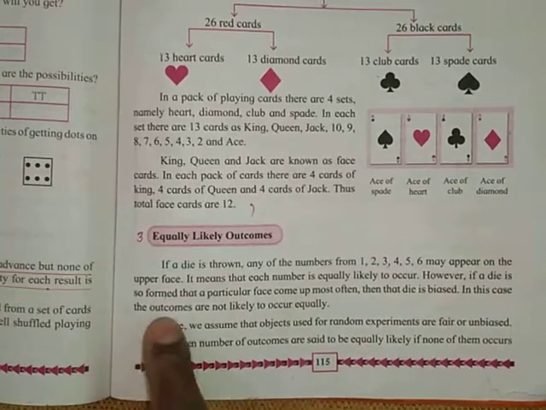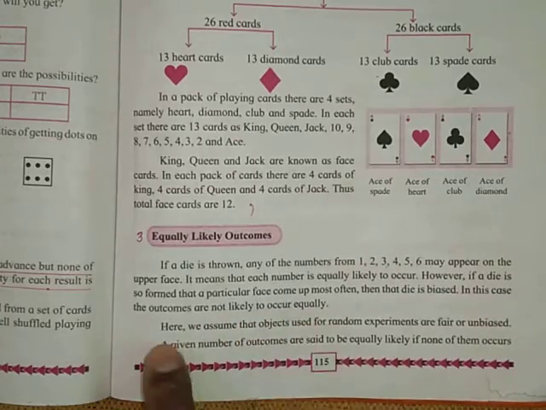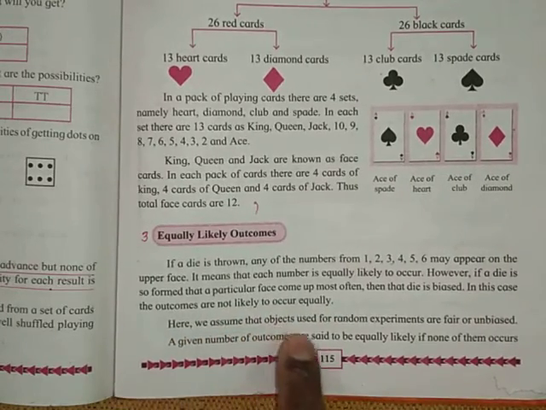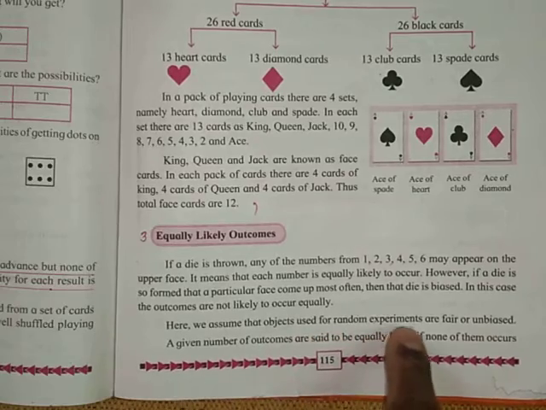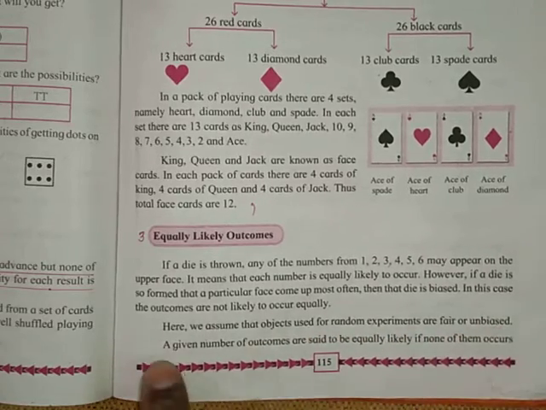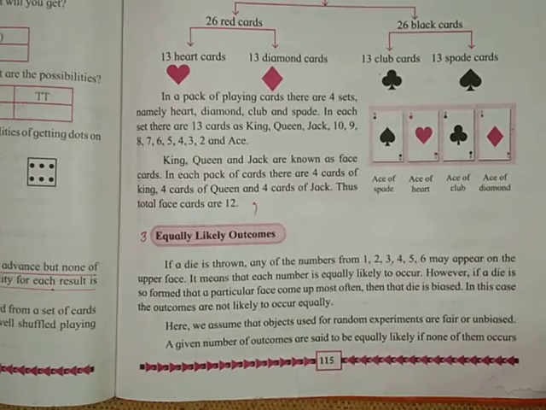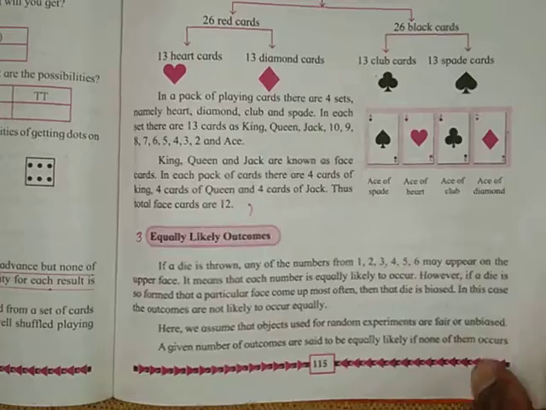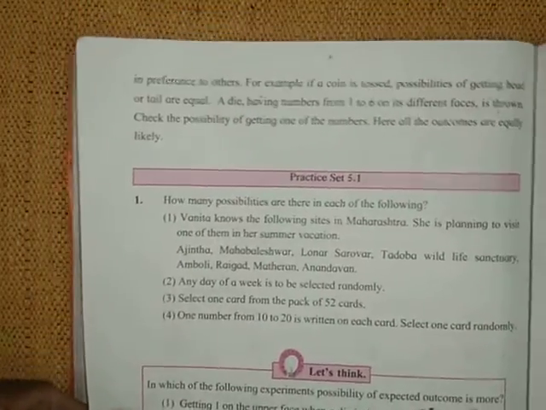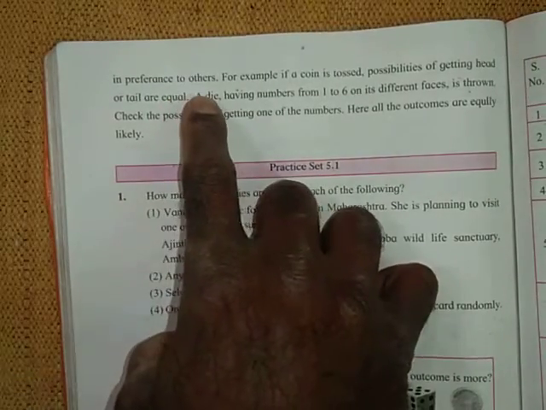In this case, the outcomes are not equally likely. Here, we assume that objects used for random experiments are fair and unbiased. A given number of outcomes are said to be equally likely if none of them occurs in preference to others.